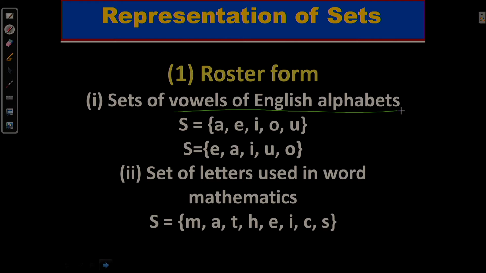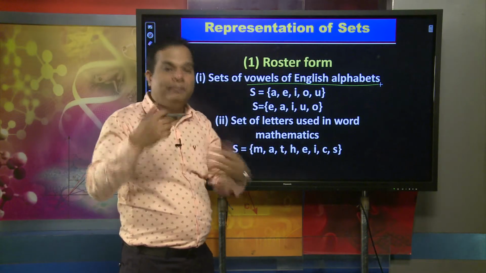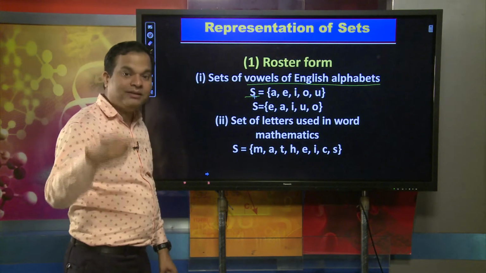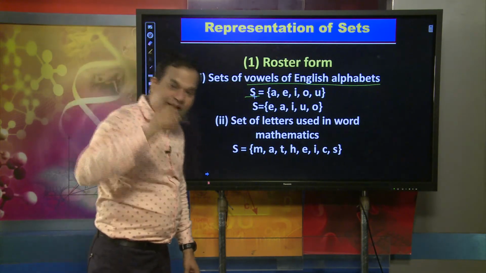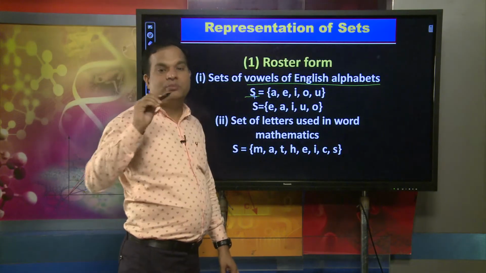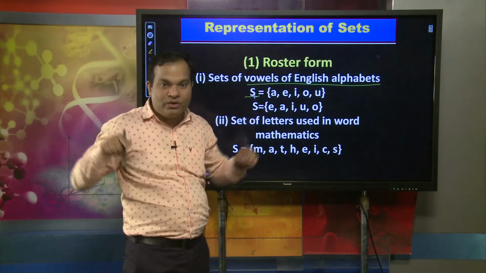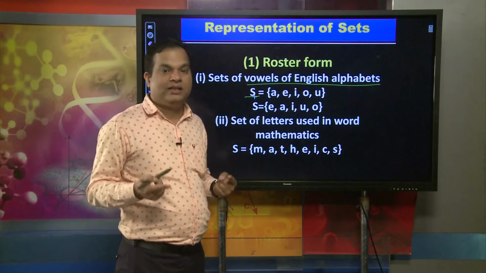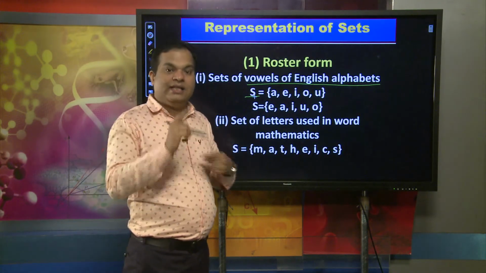The name of the set is always in capital letter. And remember, the elements must always be written in small letters, and we have to enclose them within curly brackets. This is the principle of writing the set and its elements.